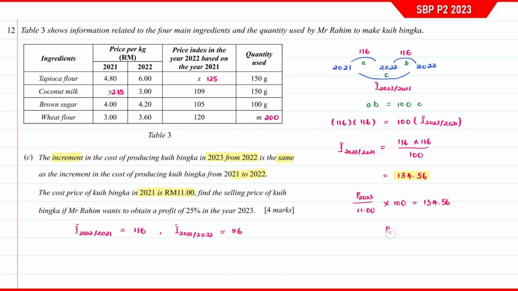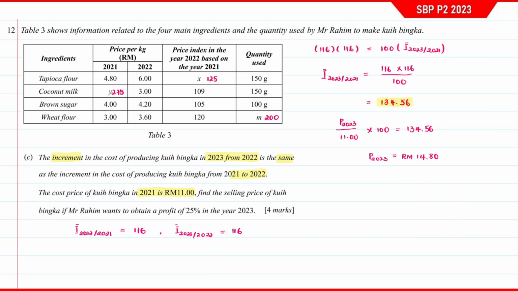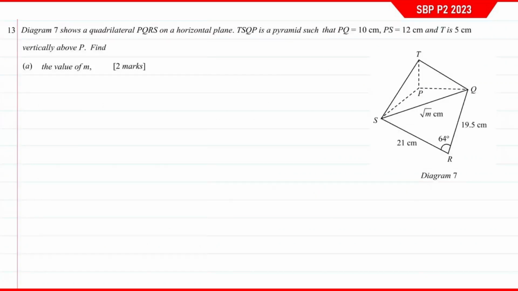So the cost price in the year 2023 is equal to RM 14.80. So to find the selling price to obtain a profit of 25%, we're going to take the cost price, which is RM 14.80, and multiply it by 125 over 100, which is equal to RM 18.50.